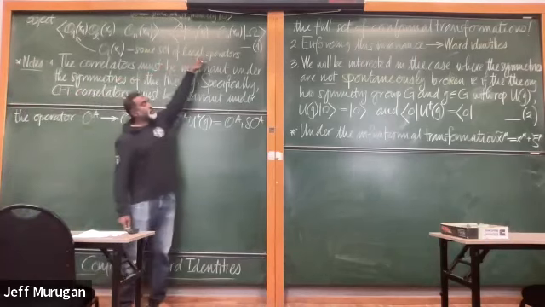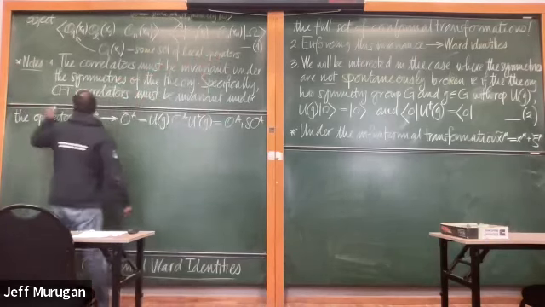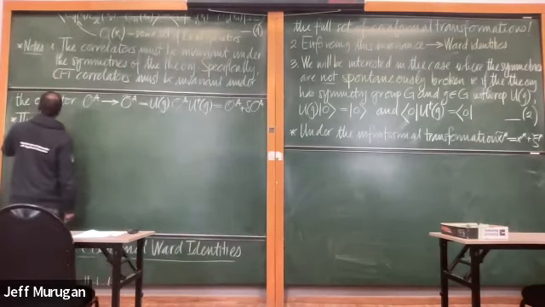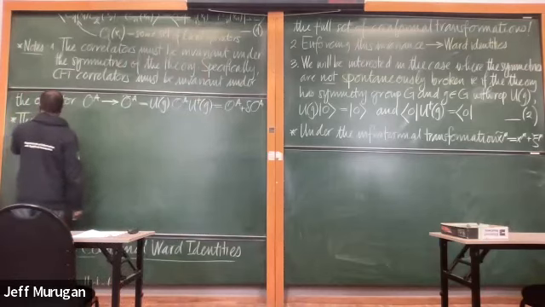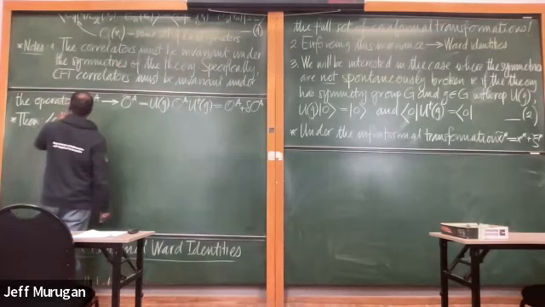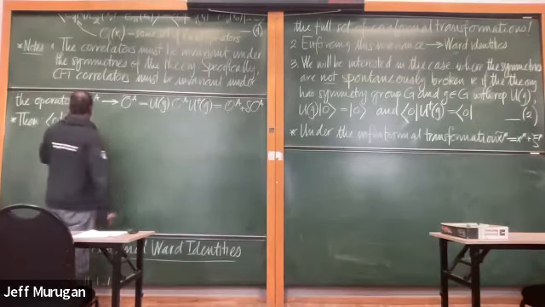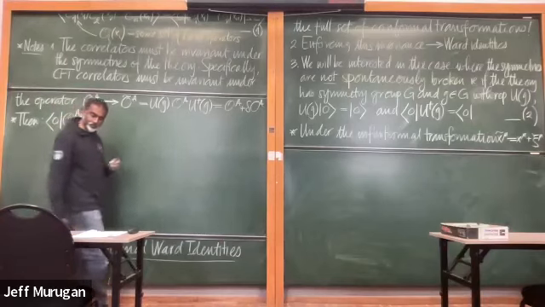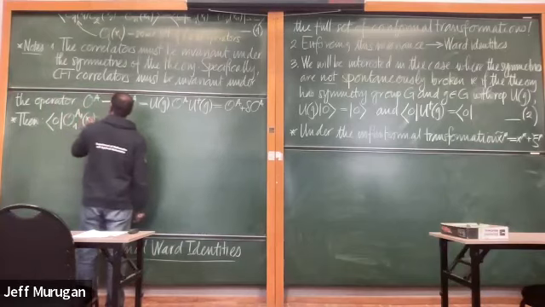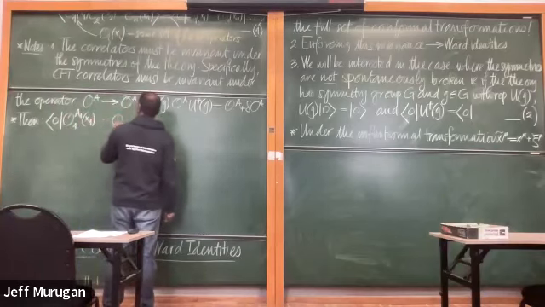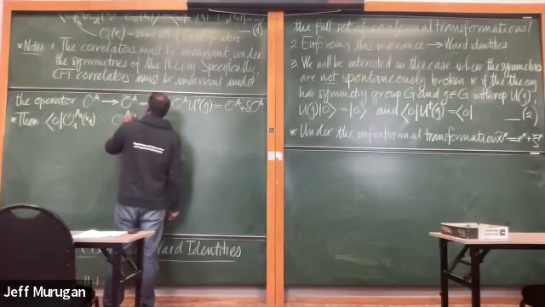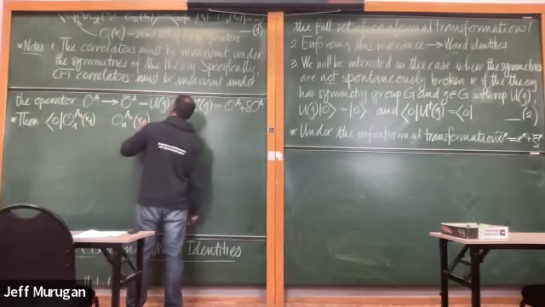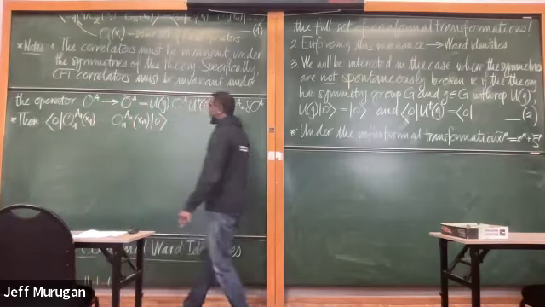So we're interested in computing the n-point correlation function given in 1. So, the vacuum, O_{A1}^1 of x_1 all the way through to O_{AN}^N of x_N, on the vacuum.